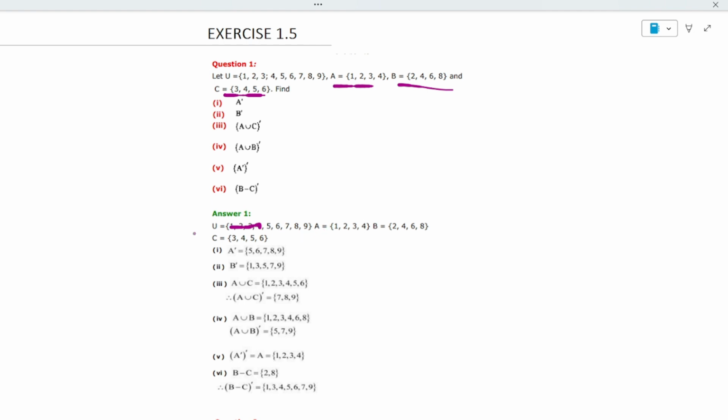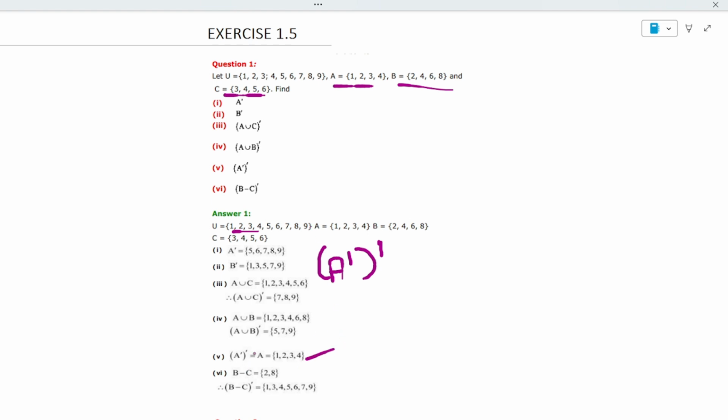Let's try to understand it easily. A complement whole complement, they have given twice. First we will find A complement. We will get the answer as 5, 6, 7, 8, 9. If you remove that also, 1, 2, 3, 4 will be remaining. So we got 1, 2, 3, 4.